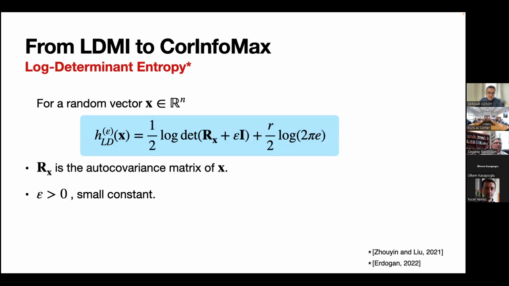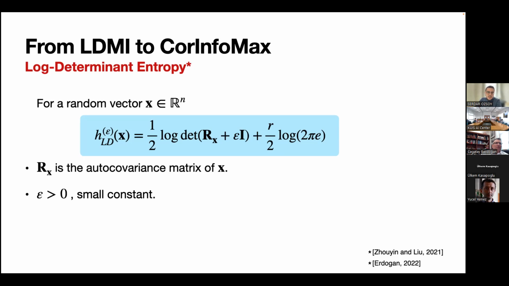Starting from LDMI, the journey to CorInfoMax starts with log-determinant entropy, introduced by Liu and Erdogan. For a random vector X, log-determinant entropy is a second-order statistics-based randomness measure, which is a modified form of Shannon entropy for Gaussian vectors.